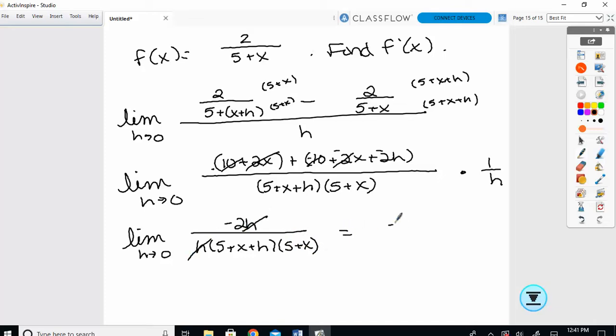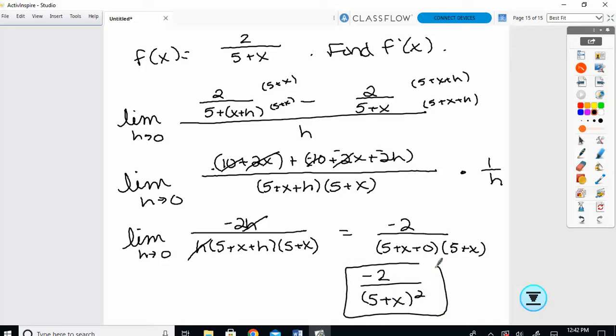So now we can reduce the h, and now we should be able to plug in. So we get negative 2 over 5 plus x squared. So if I asked you to do the derivative from the equation without a number to plug in, can you handle that?